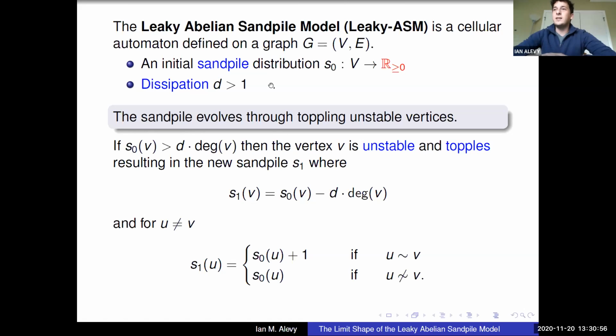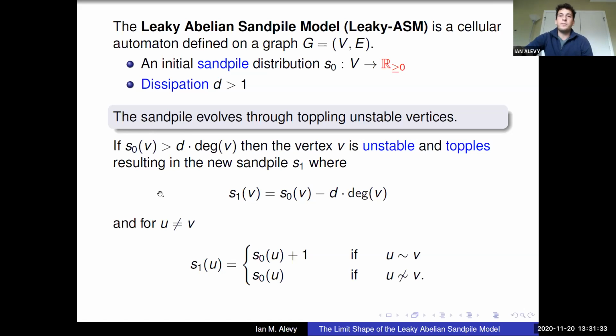My model is leaky because it has a dissipation. This is a parameter d greater than 1. It will evolve through toppling unstable vertices. Let me explain what that is. The model has a threshold, and I'm going to take the threshold to be d times the degree of the vertex, that is, the number of edges incident to the vertex V. If the initial sandpile distribution is larger than this threshold, then the site is considered unstable and it can topple, producing a new sandpile.